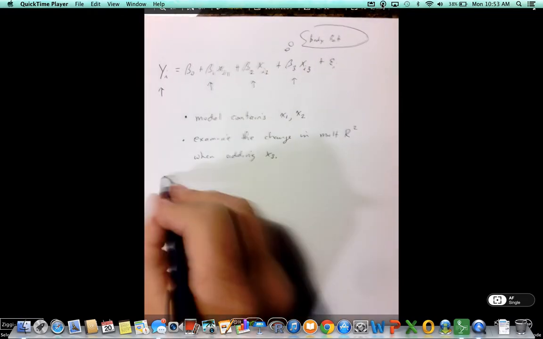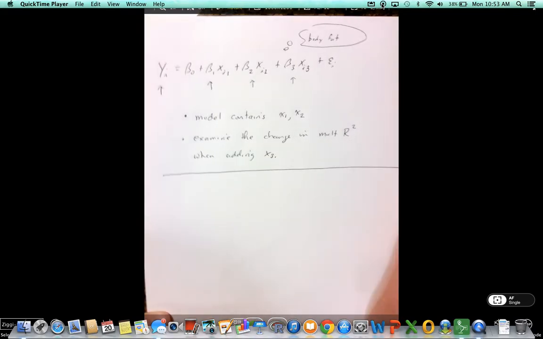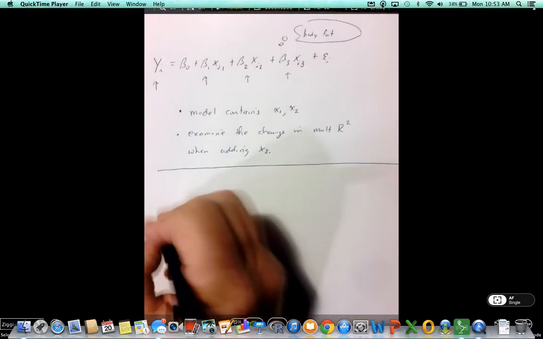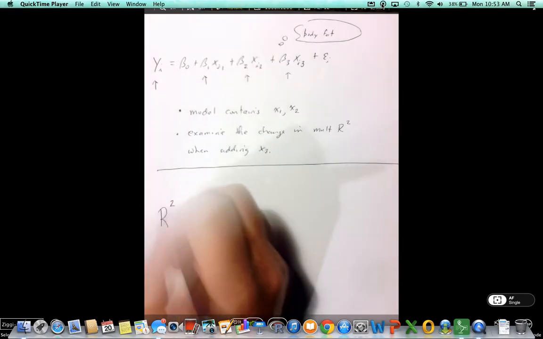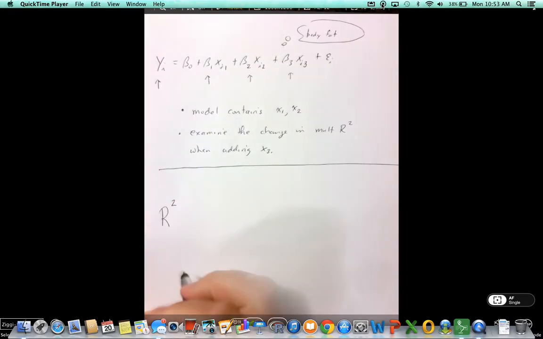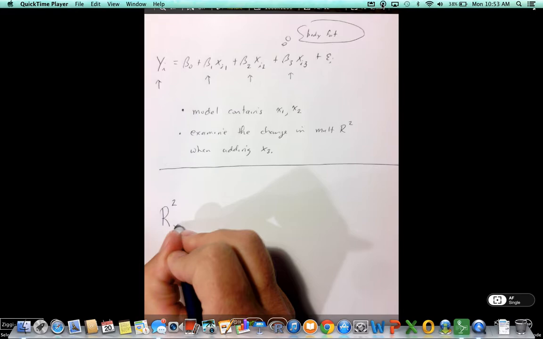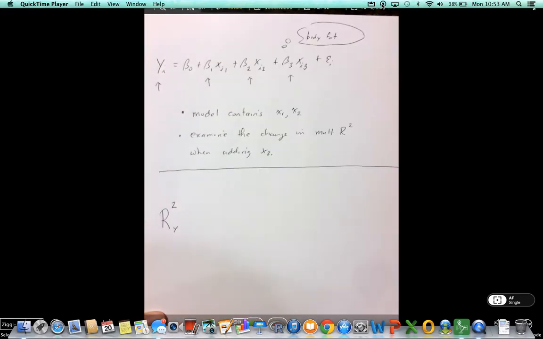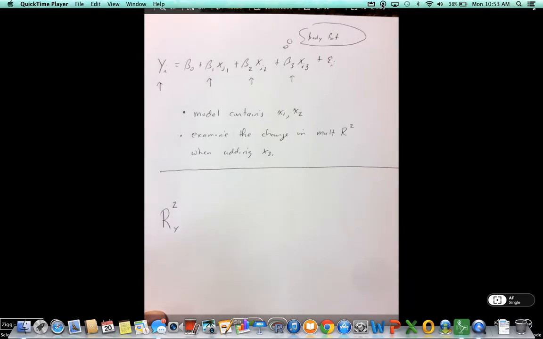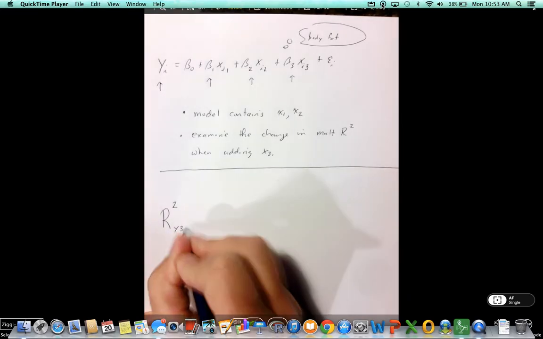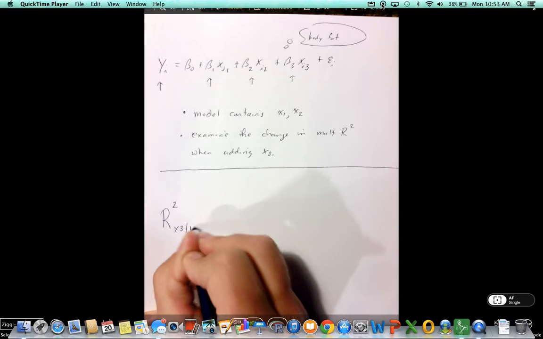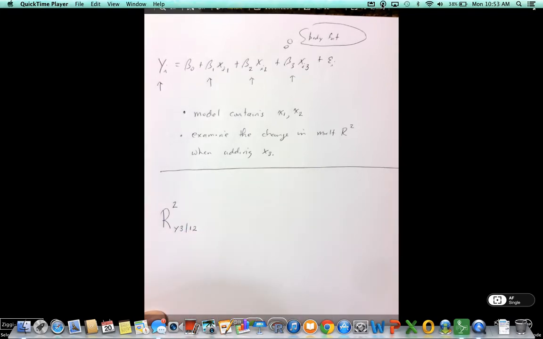Now, let's get into some notation. The notation in this case would be r squared. In the subscript, we're going to have y, and we're going to put the variable that we're adding, which in this case would be 3, given the other variables that are already in the model.